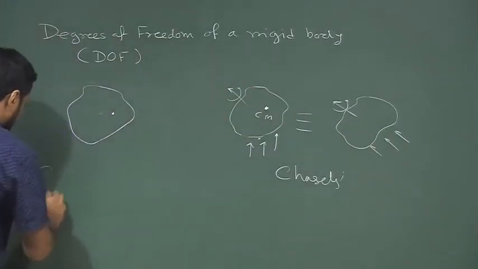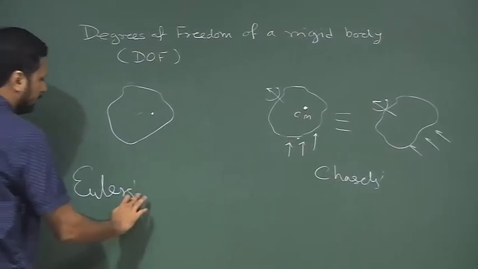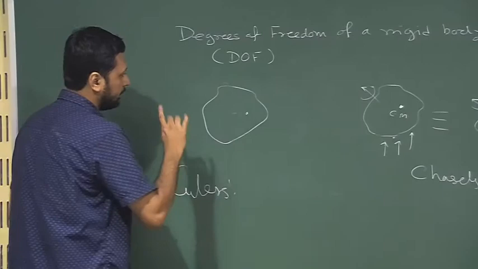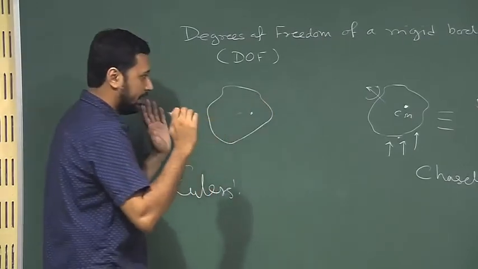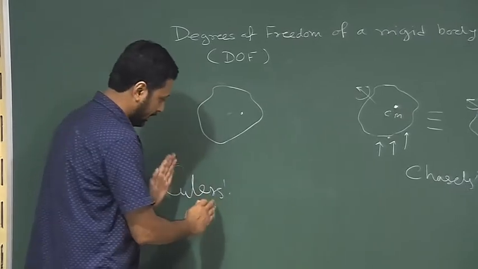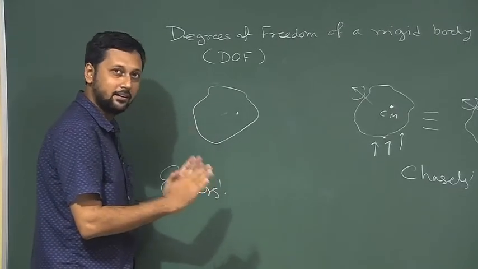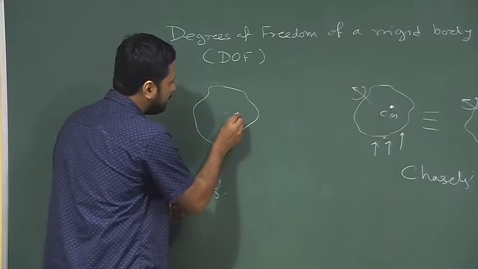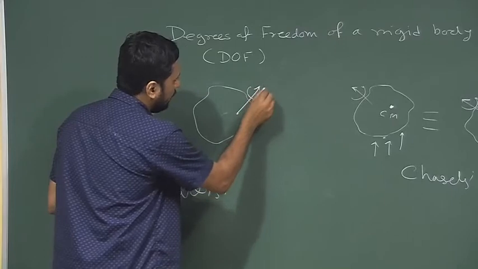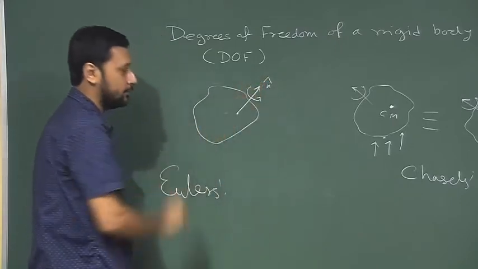Now, Euler's theorem states that if this point is fixed and the rigid body is executing random dynamics, then according to this theorem, that random dynamics at any instantaneous time point can be represented by a rotation around some axis going through this fixed point.